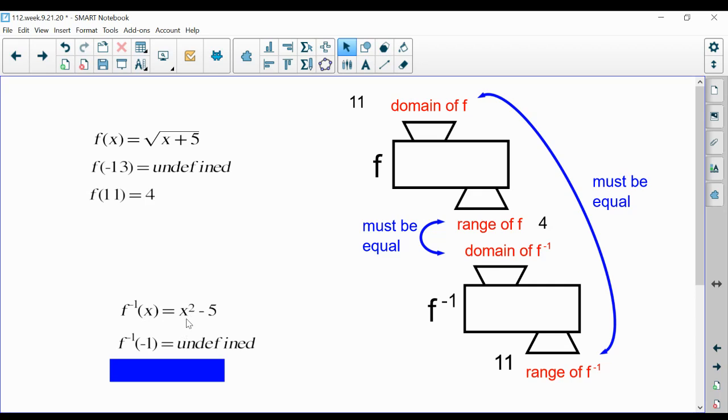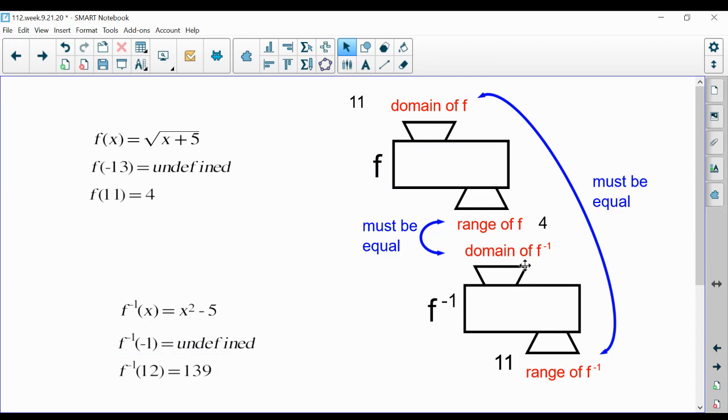Negative 1, you can square negative 1. But what's the problem with negative 1? This is the problem. The range of f has to be the domain of f inverse. And there's no way a square root function will produce negative 1. When you take the square root of x plus 5, the result is always positive or 0. It'll never be negative 1.